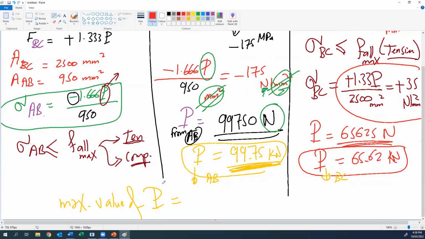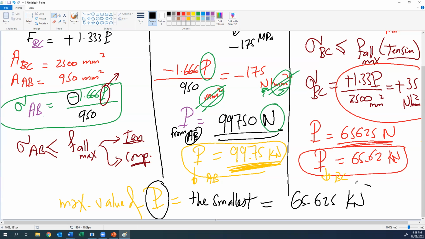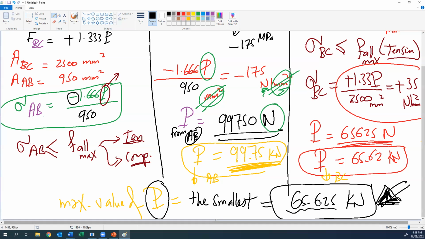So B, to be safe for both members, will be the smallest of the two values, which is equal to 65.625 kilonewton. So the final result is 65.625 kilonewton, the smallest one, because the smallest will be safe for both of them. But if you use the bigger one, member BC will rupture earlier, so it will be unsafe.